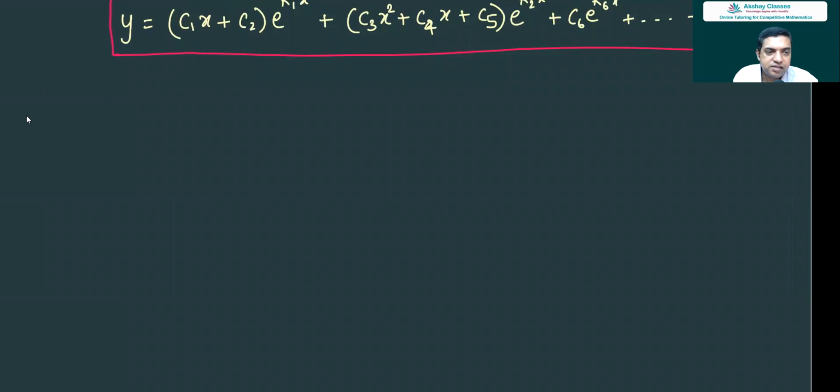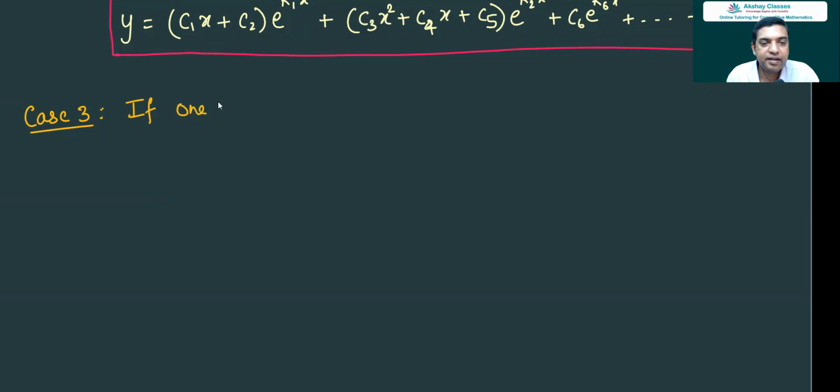Now, let us take the third case. Imaginary roots or complex roots always occur in conjugate pairs.